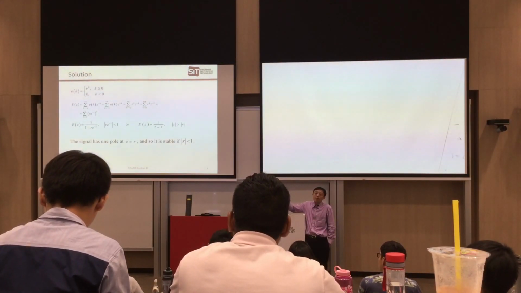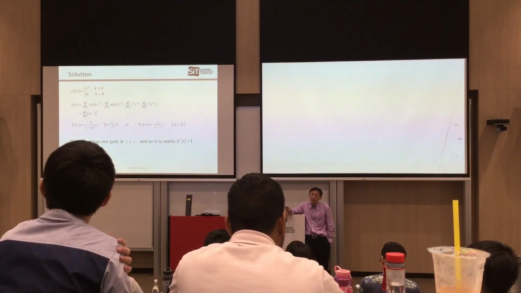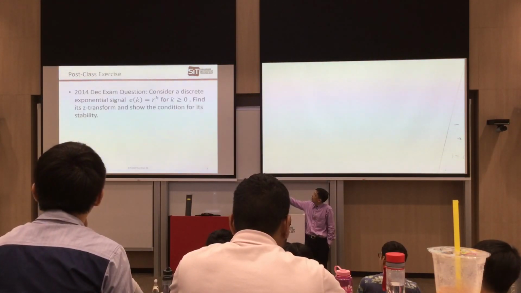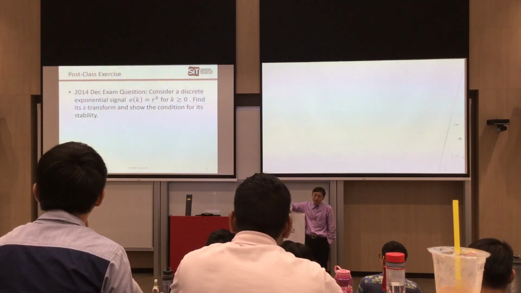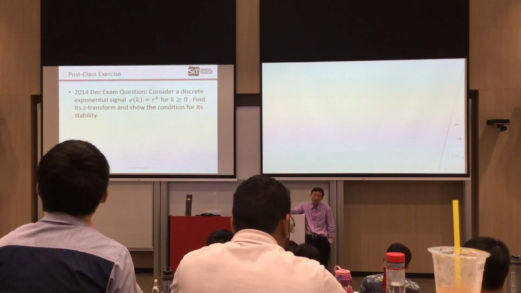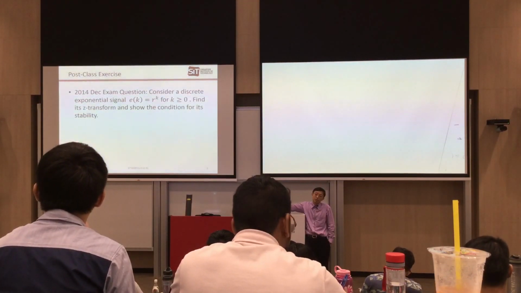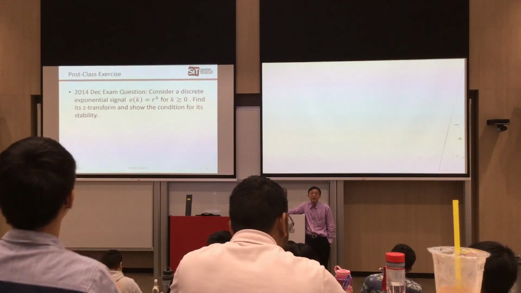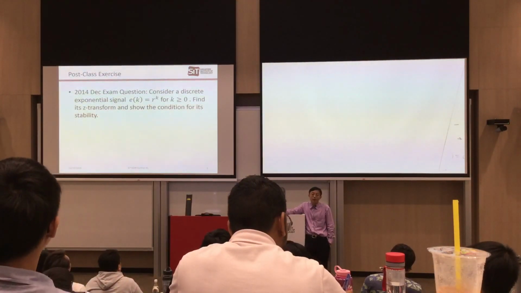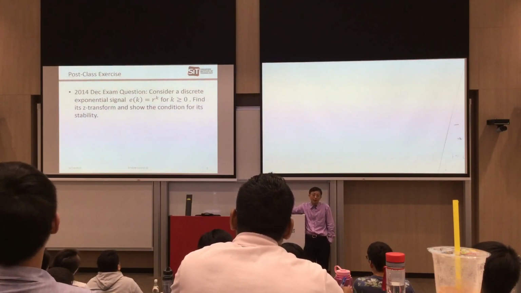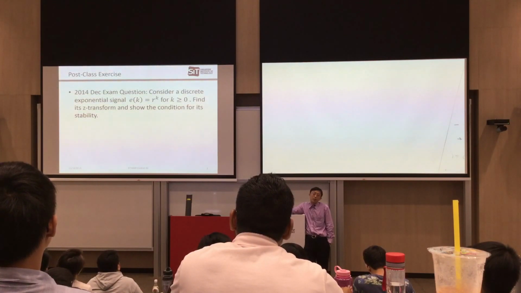And what does stable mean? It means that when your k goes to infinity, whether your value will go to infinity or stay bounded. So for the exponential function to be stable, your r must be less than 1. If your r is bigger than 1, your exponential function will diverge and be unstable.